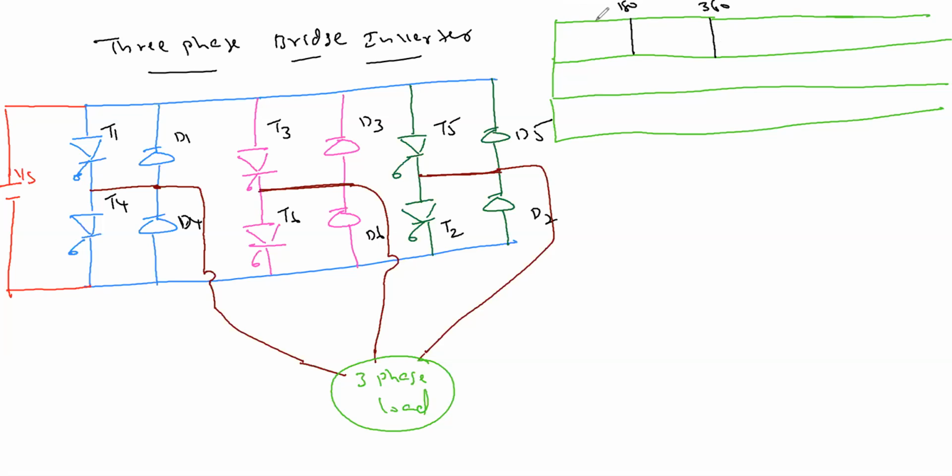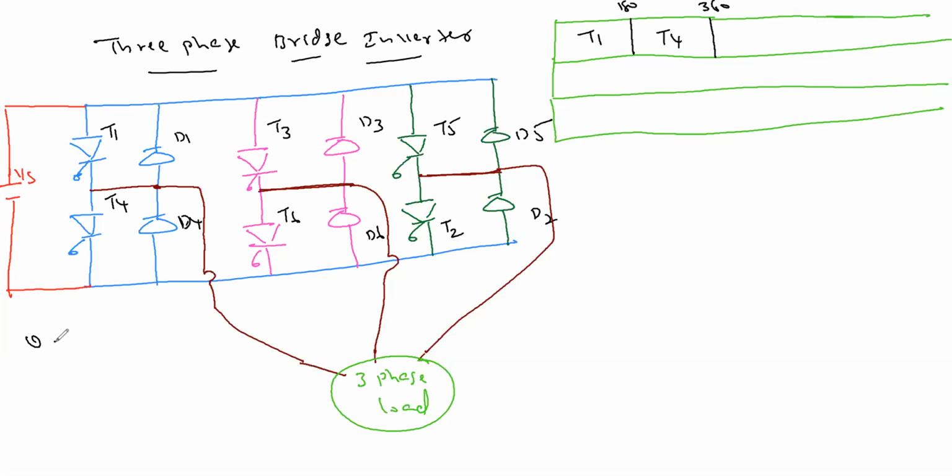T1 will conduct for 180, then T4. This one is the B phase, right? For B phase, where do we trigger T3? After 120, because we want B phase sin omega t to come after 120.